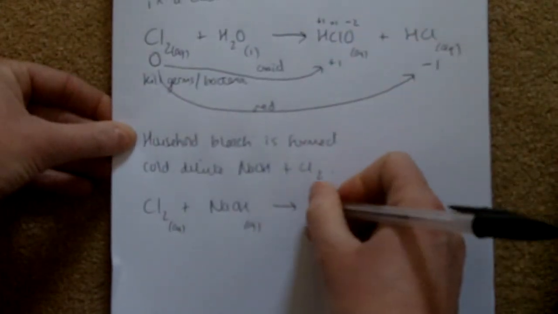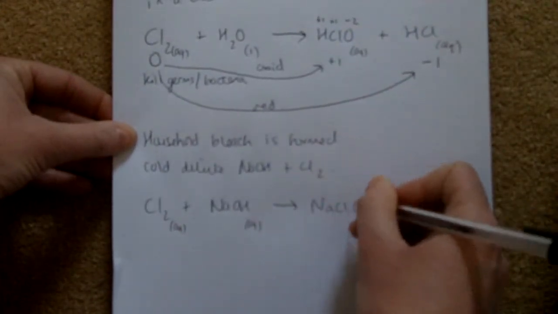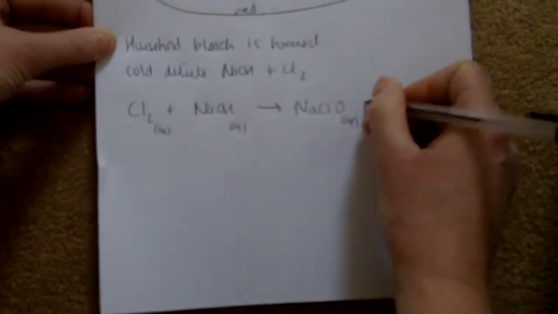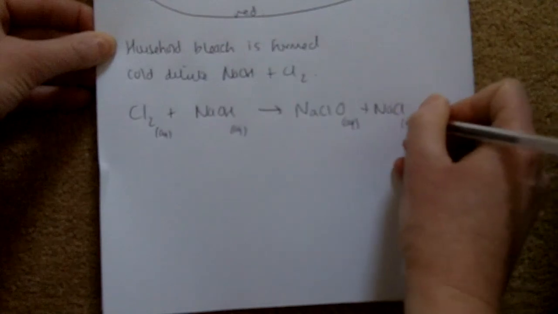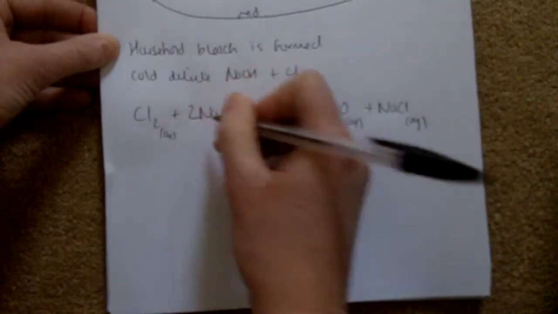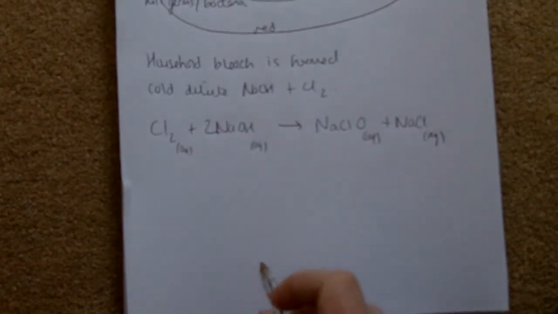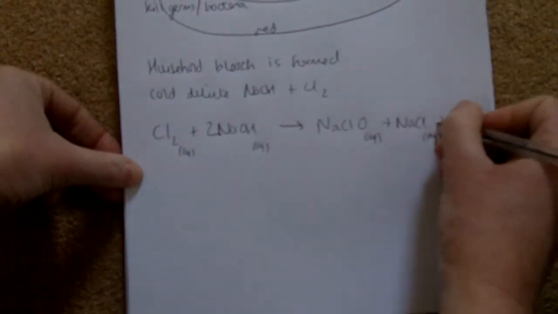It makes NaClO aqueous plus sodium chloride, plus something else. We need to balance it, and the other product is going to be water.